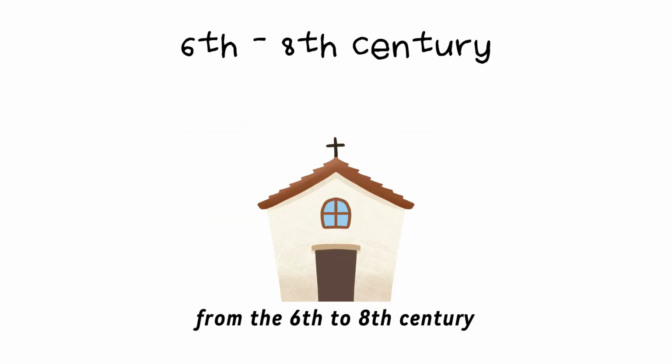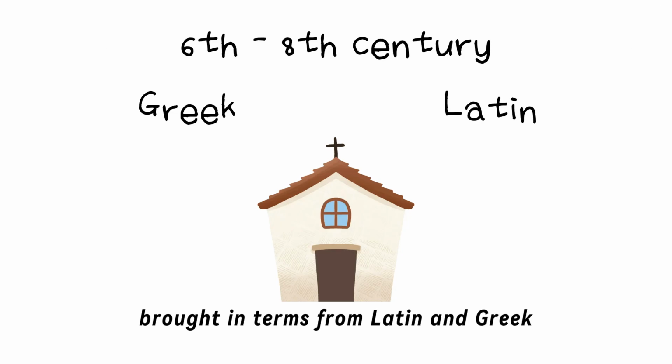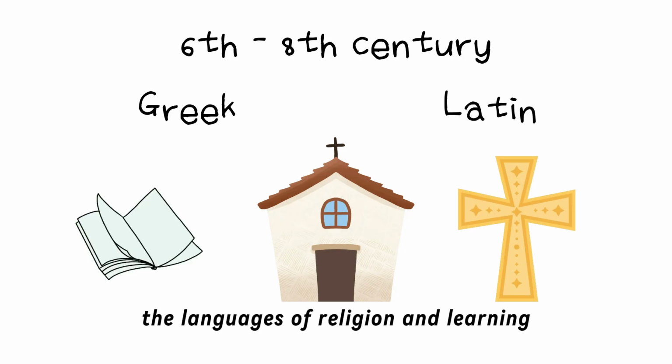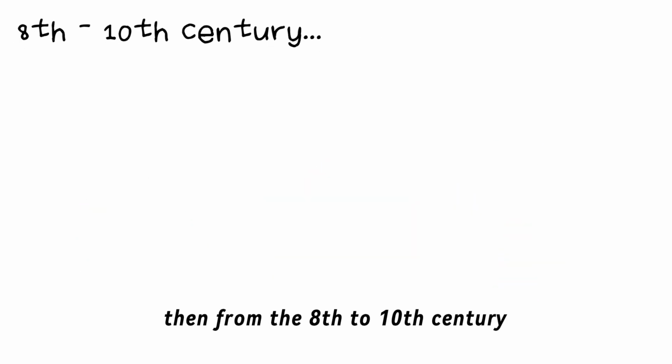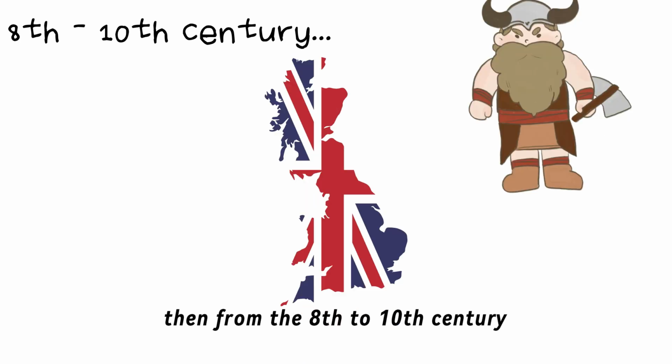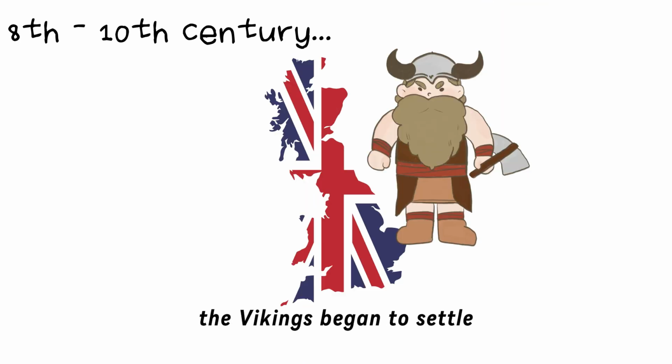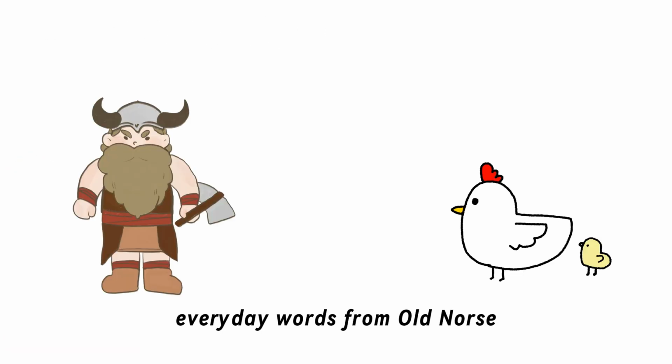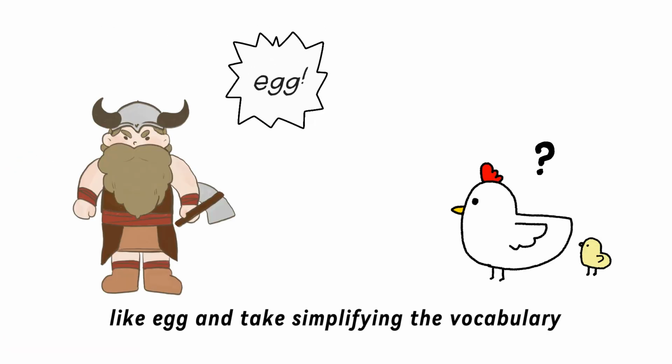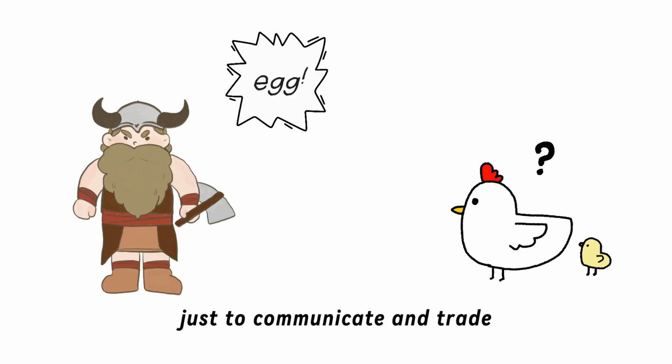From the 6th to 8th century, the conversion to Christianity brought in terms from Latin and Greek, the languages of religion and learning. Then, from the 8th to 10th century, the Vikings began to settle. They introduced fundamental everyday words from Old Norse like egg and take, simplifying the vocabulary just to communicate and trade.